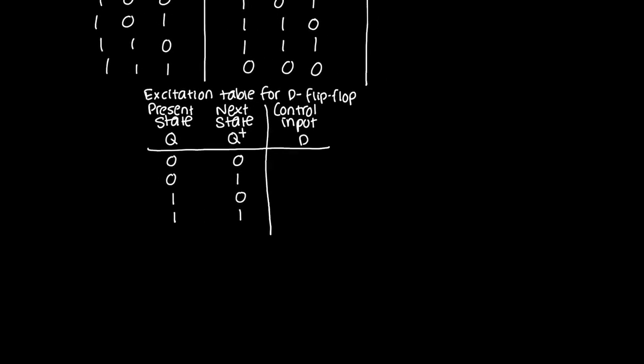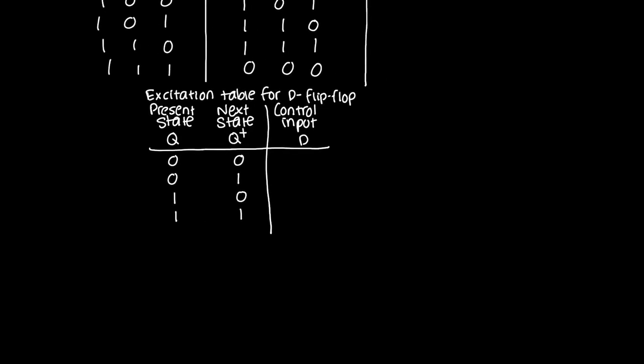Well, we know that to get the next state equal to 0, it actually doesn't really matter what the present state is. What only matters is what I want the next state to be, because in a D flip-flop, Q, the output, will just follow the value of D at the clock edge.